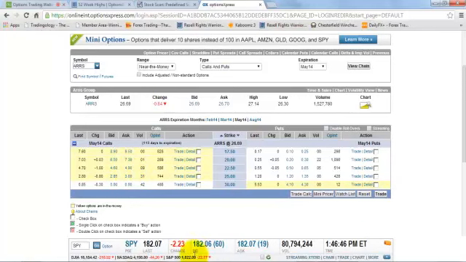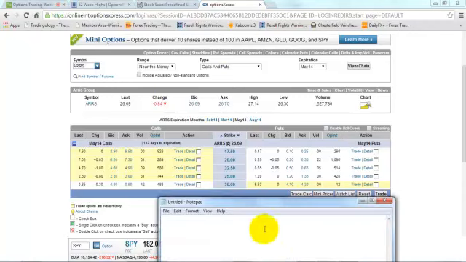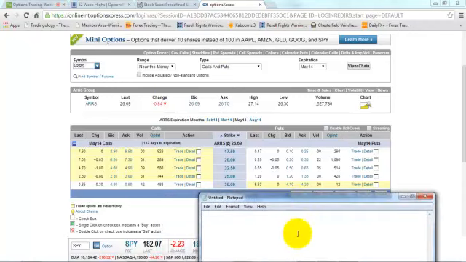Now all I need to do is open up a spreadsheet, get my diary out or anything that I'm comfortable with, and type in the options code. So it's ARRS, the May 2014 expiry, a 25 strike price at $3.